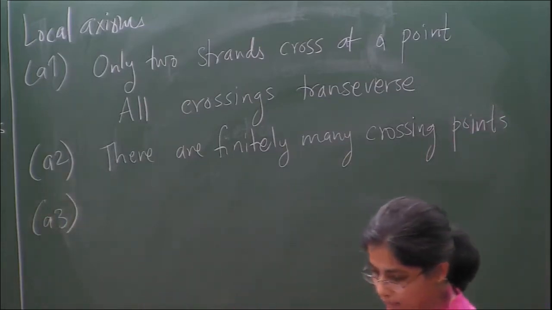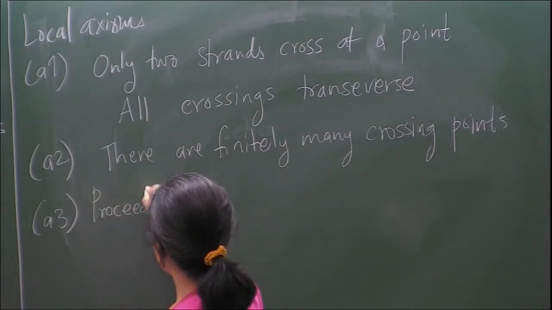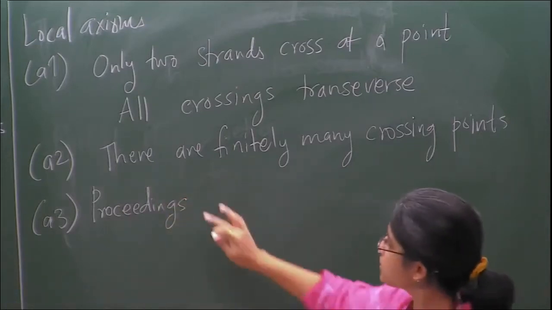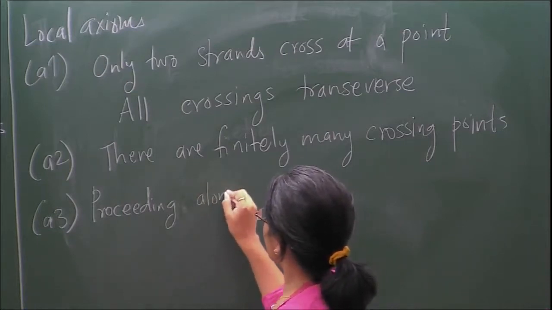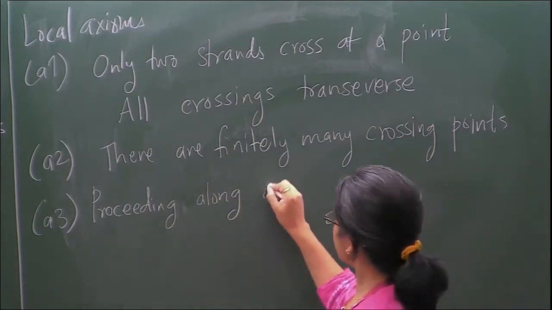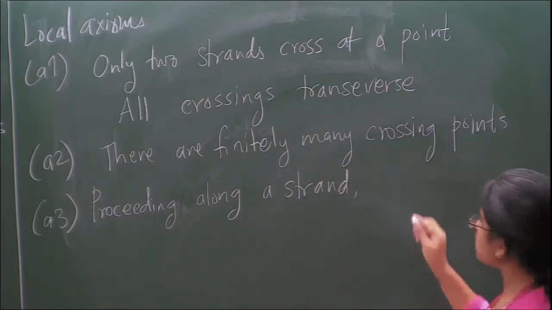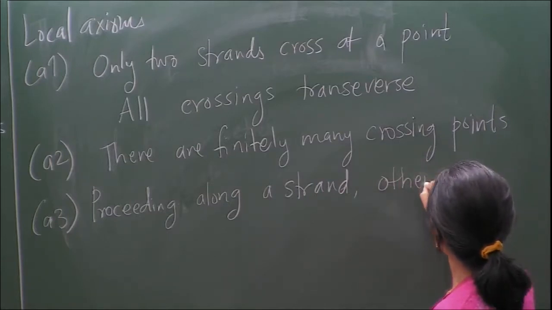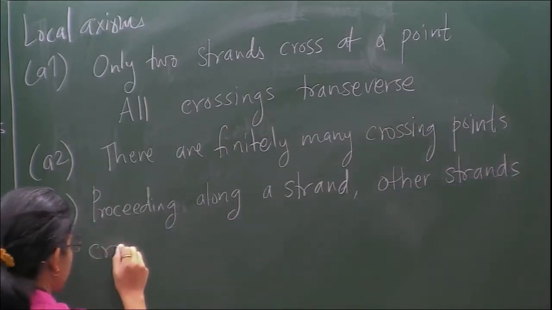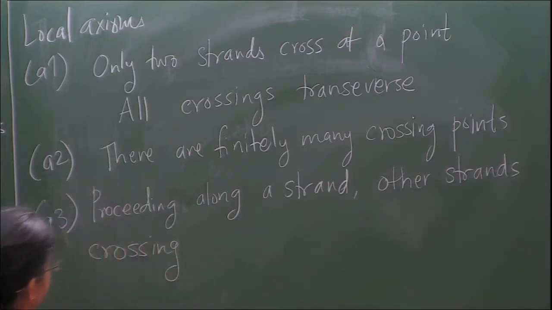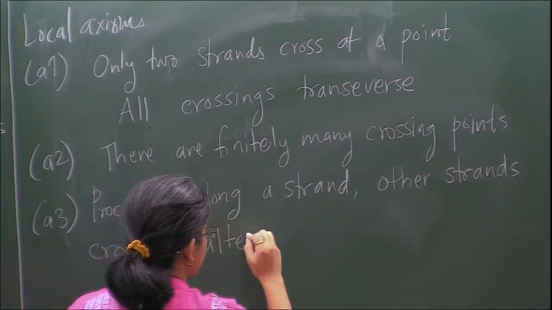And A3 is, I will tell you what this means. Writing this is, so this sounds more difficult than what it is, but proceeding along a strand, other strands crossing this one alternate between right and left.